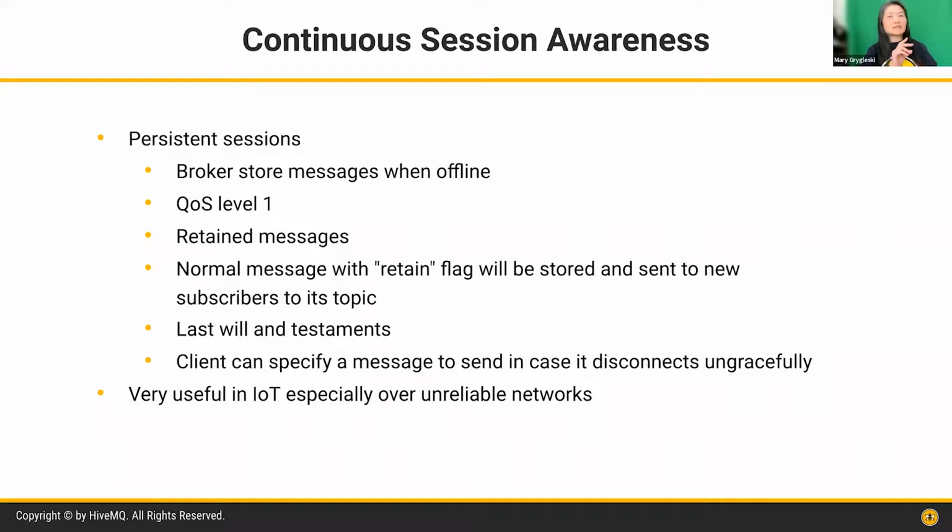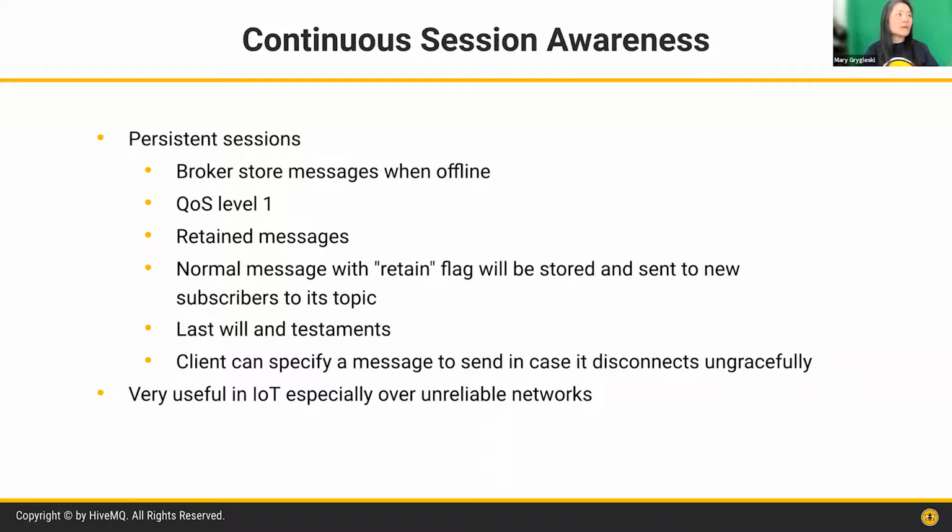There's also a feature about continuous session awareness. It supports statefulness. You want to persist your data because in any kind of asynchronous communication there's always a challenge: what if you lose the connection and lose the data? But don't worry, because the broker takes care of things for you. It's like the post office that stores messages when you're offline.